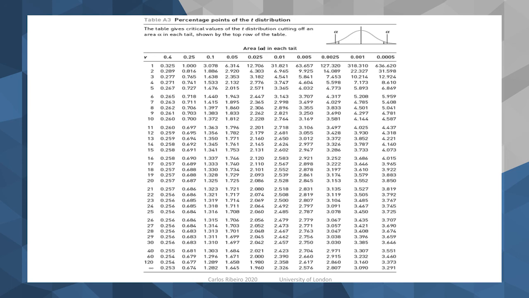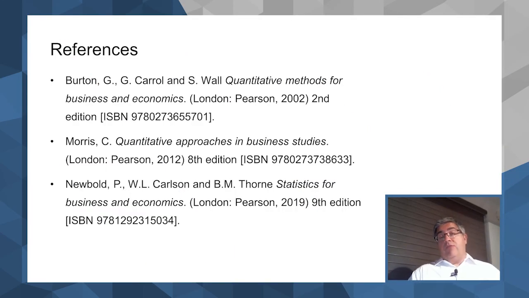For example, if you do regression analysis on Excel, that's what Excel uses. And it just reflects the fact that sometimes the data we have, because it's in small quantity, brings more uncertainty to our calculations.